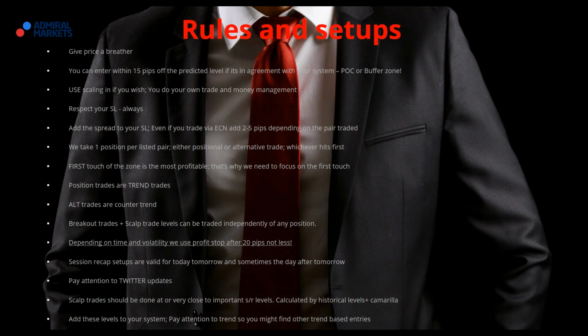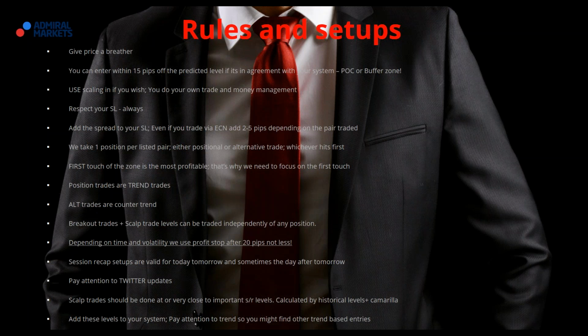Positional trades are called trend trades, but alternative trades are always counter trend trades unless the alternative trade goes in the same direction. Breakout trades and scalp trade levels can be traded independently of any position. Depending on time and volatility, we use profit stop after 20 pips, but not less. As session recap setups are valid for today, tomorrow, and sometimes the day after tomorrow.